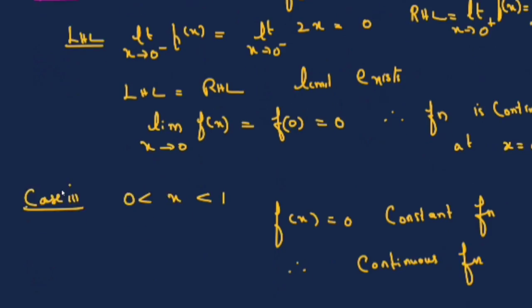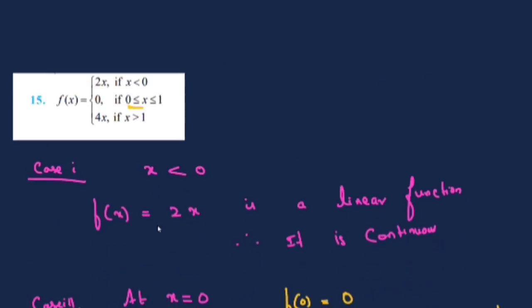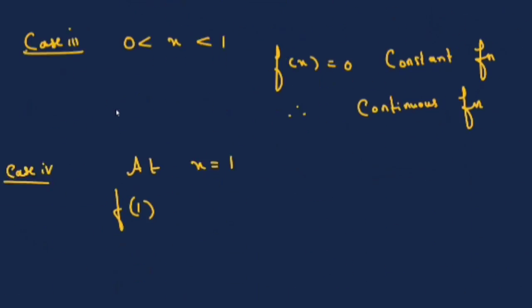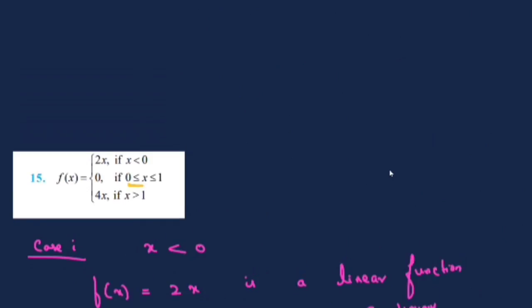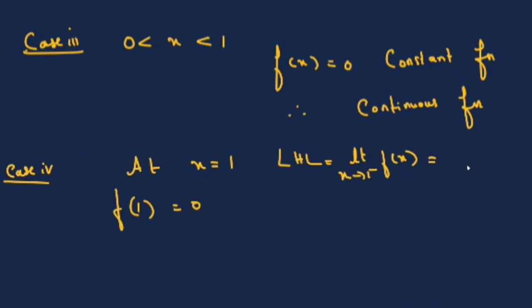At 1, so f of 1 is 0. See, f of 1, the function is 0. Left hand limit, x tends to 1, f of x. So the left of 1, it is given as 0. Right of 1, it is 4x.